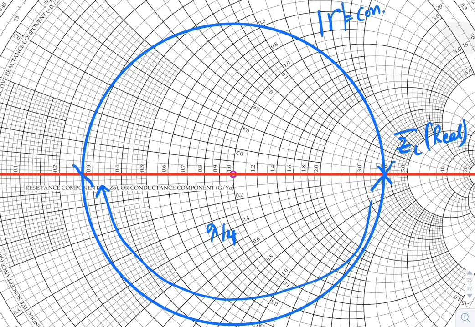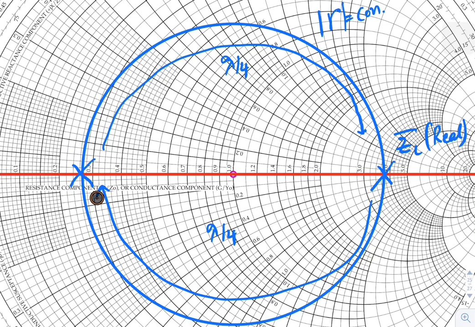Then again the value is real here. Again, if you travel a distance of lambda by 4 towards the generator, you will reach the same point, which is ZL bar is real. In our case, traveling to the same point does not make any sense. That's why the only solution available for us to get a real value of normalized impedance on this gamma plane is this point.